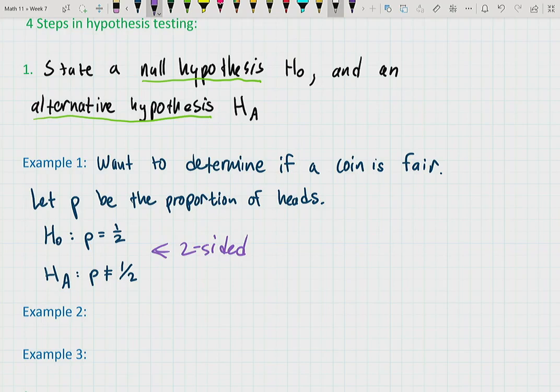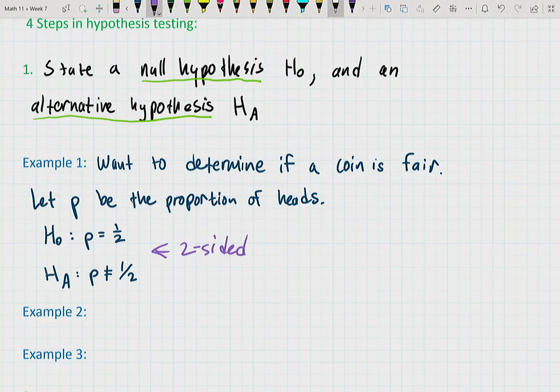So there's two ways that the alternative could go, making this what we call a two-sided hypothesis test. I'm also going to show you an example of one-sided tests, and it's kind of tricky to figure out which one to use. That's going to be one of the confusing parts to figure out today.